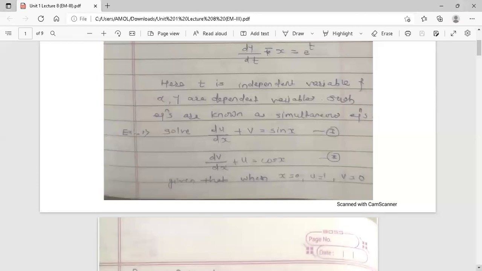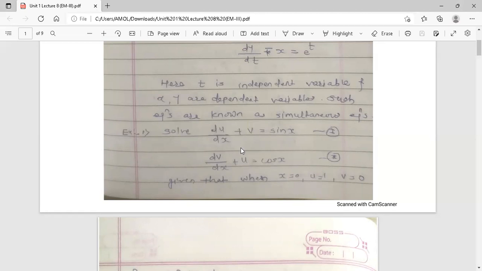Now we want the solution for the system of linear differential equations. How to solve? See the example. Solve du by dx plus v is equal to sin x and dv by dx plus u is equal to cos x. These two linear differential equations are given.